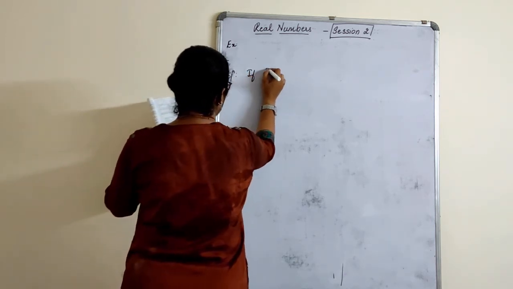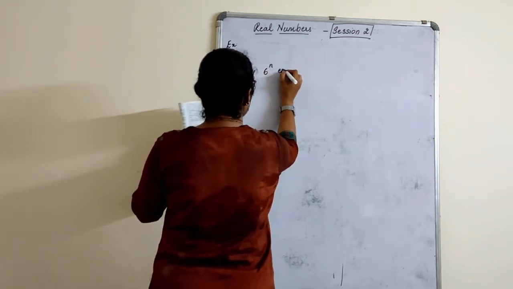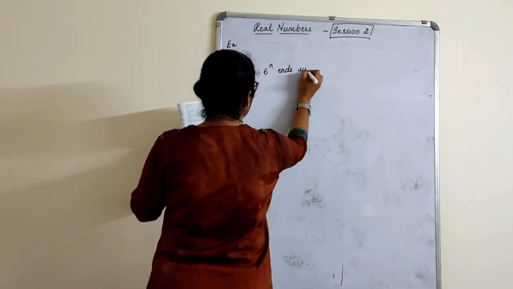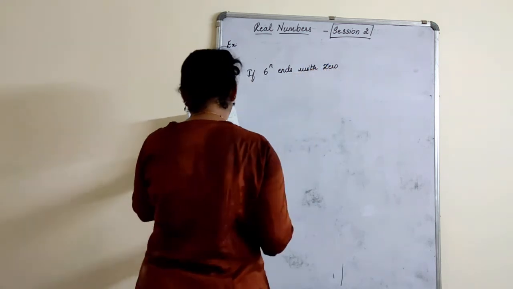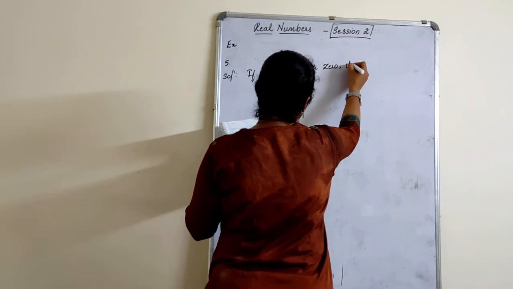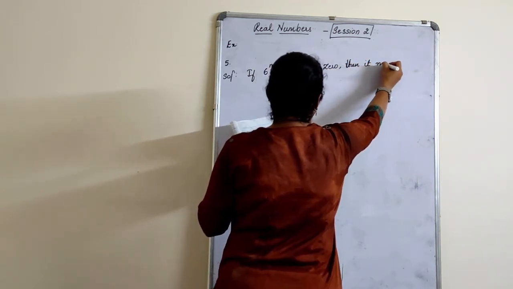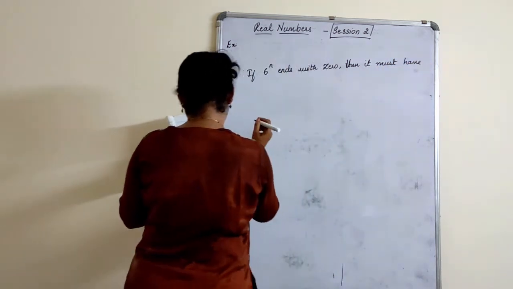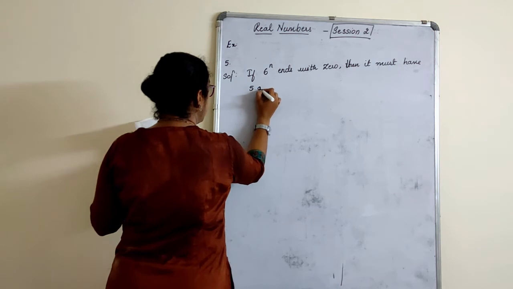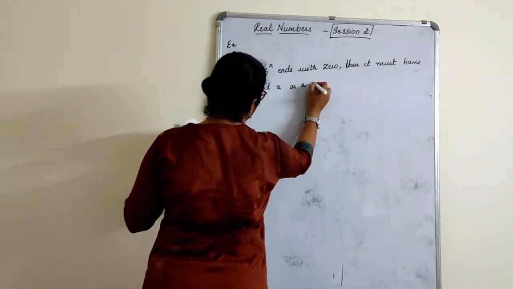If 6 raised to n ends with 0, then it must have 5 and 2 as a factor.